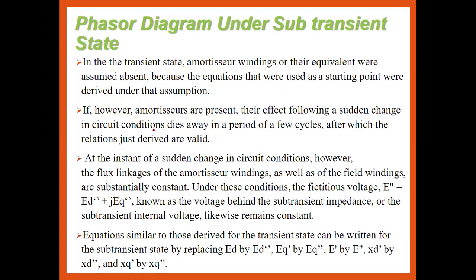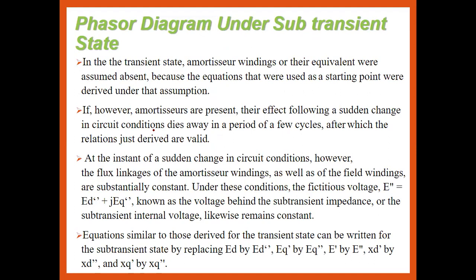Now we have to discuss the phasor diagram under the subtransient state. Under the transient state, the armature winding and the equivalent were assumed to be absent. The equations that we use as a starting point were derived under the assumption that all the parameters under the transient state are the same as under the steady state.